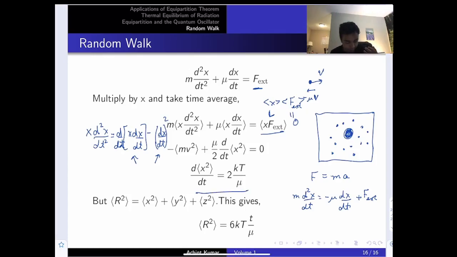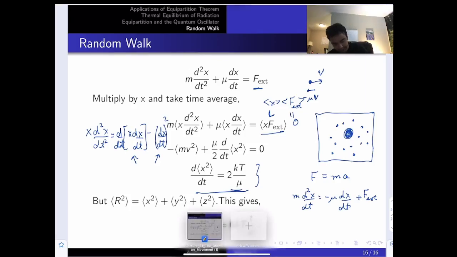In 3 dimensions, we have r squared, which is x squared plus y squared plus z squared. So we have this equation in all 3 dimensions. We add them together to get r squared is 6 kT over mu. Because this is a constant, we have also integrated, and we get a time t on the right hand side.